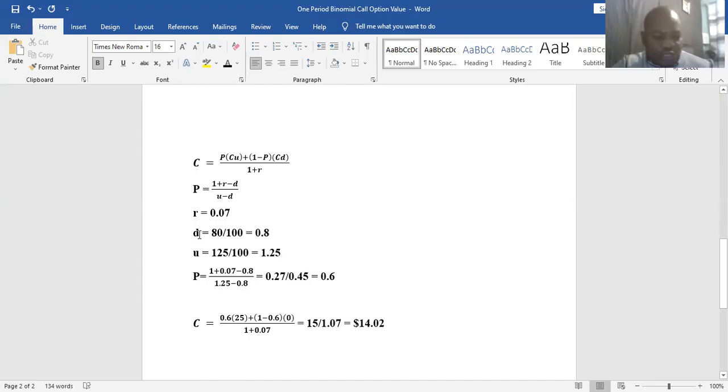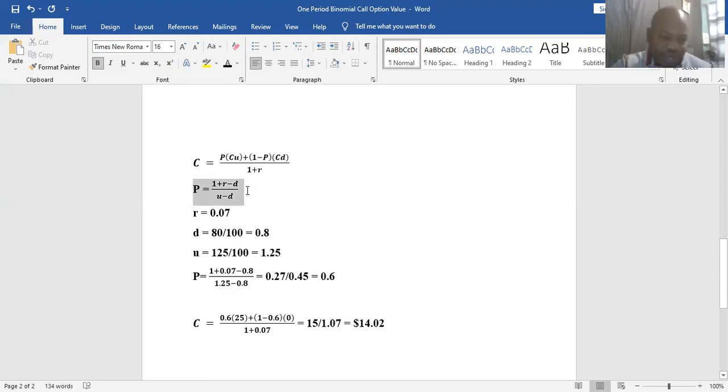So when it reduces by 20%, it will become 80. 80 divided by the original value, 100, the initial or the current price. All right. So 80 divided by 100 gives me 0.8. Going up, the upward swing will go up by 25%, so it will become 125. 125 divided by the initial price, 100, gives me 1.25.